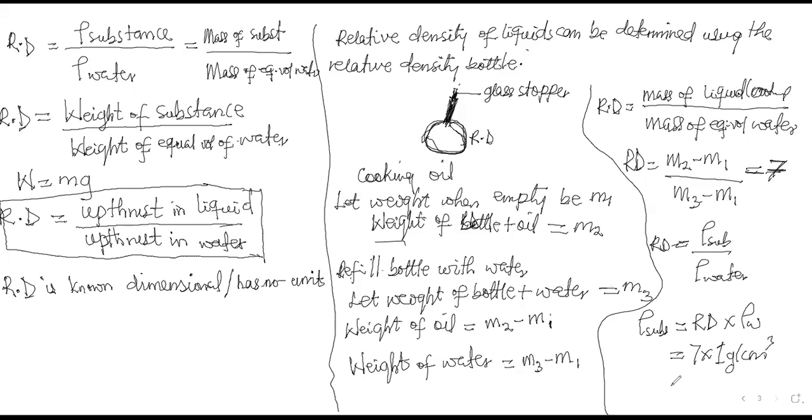So the density of the substance is 7 gram per cm cube. Knowing the relative density of a substance, the density can also be determined. Knowing the density, you can also determine the RD of the substance.